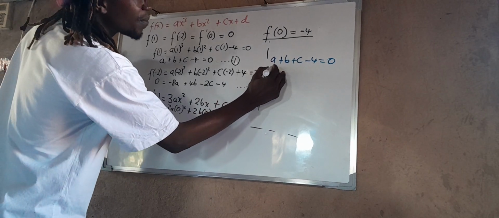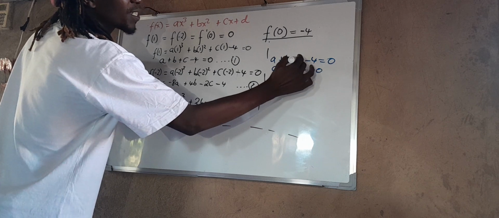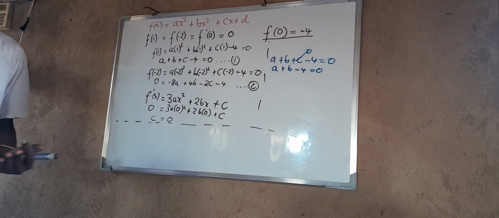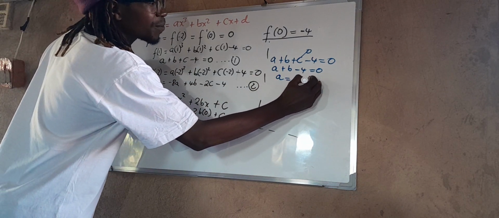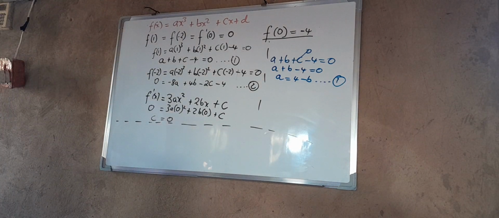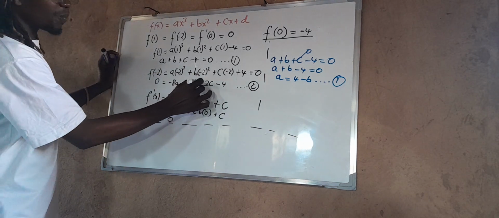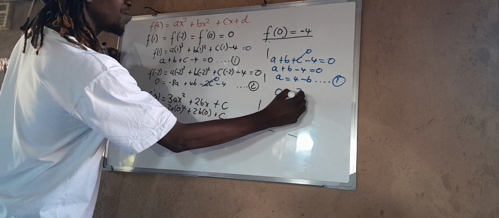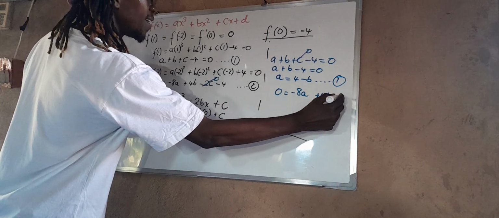This becomes a plus b minus 4 is equal to 0, because c is 0. So our a becomes 4 minus b. This can be our equation number 1. Then we go to the equation with d, where this also becomes 0, so 0 is equal to negative 8a plus 4b minus 4.